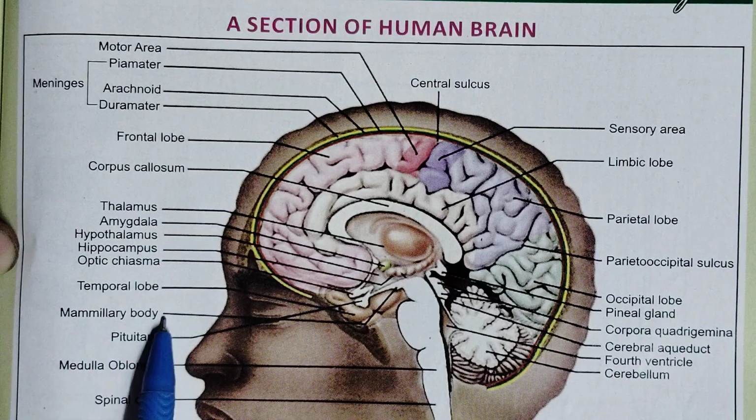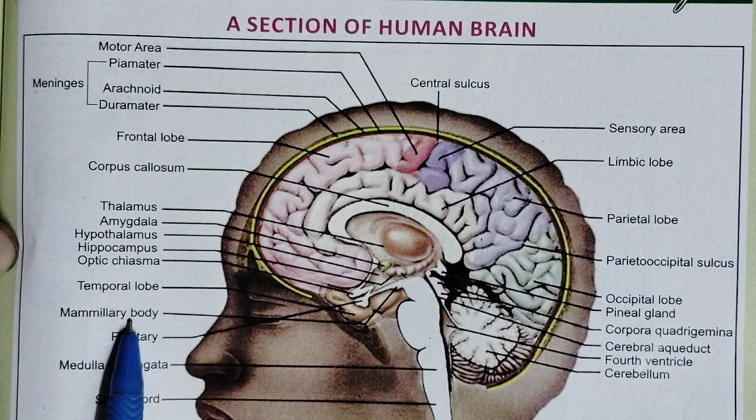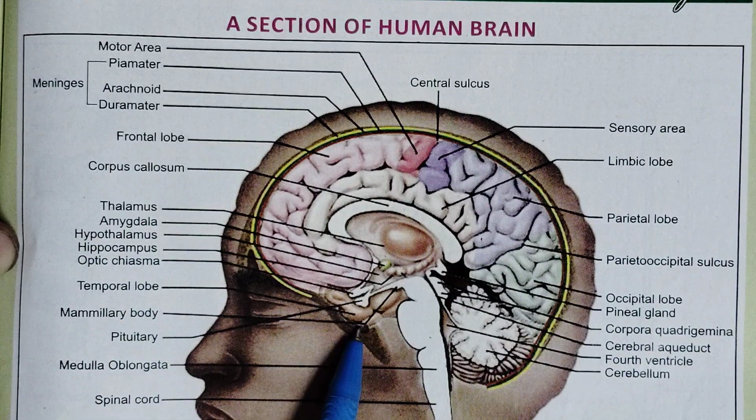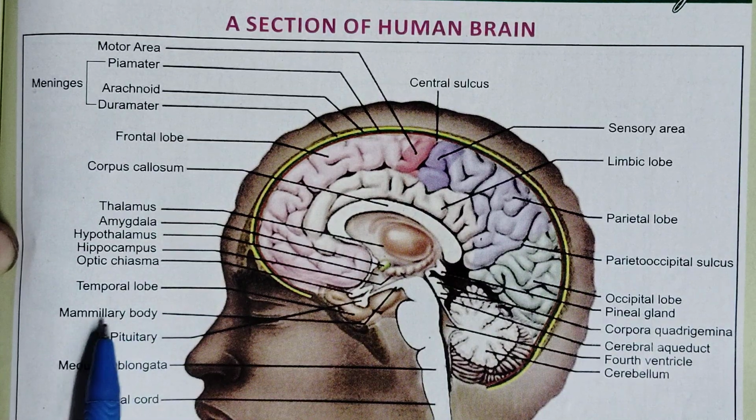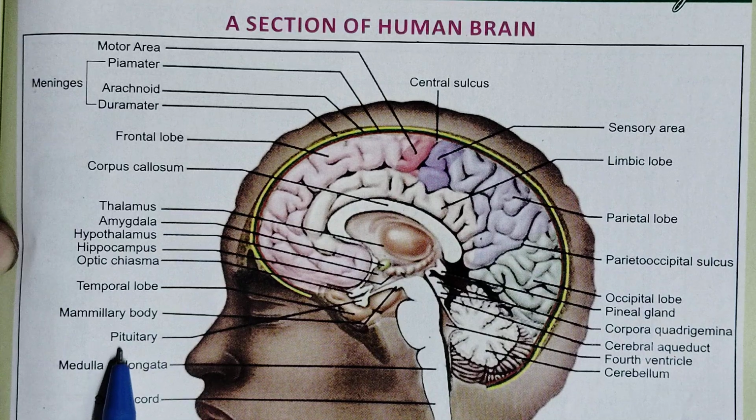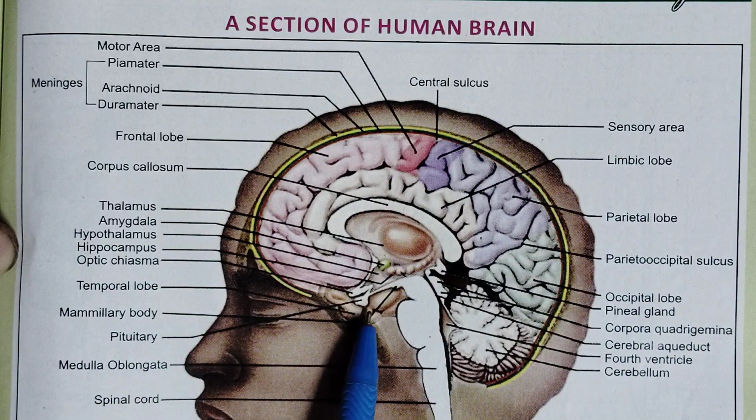Next is the mammillary body. Behind the eye, there is the mammillary body. And next is the pituitary gland.